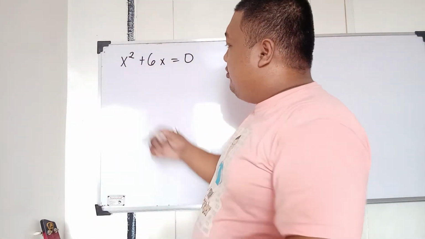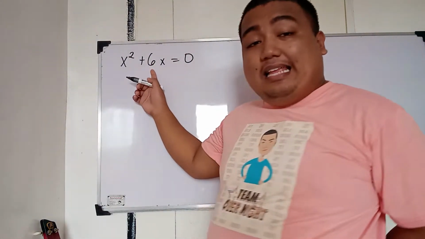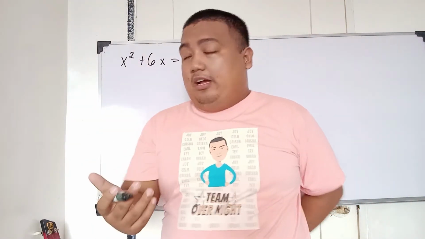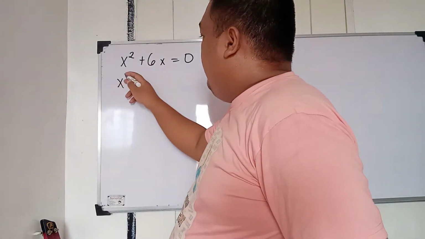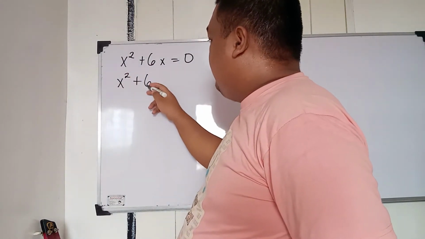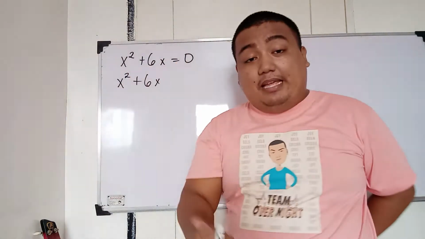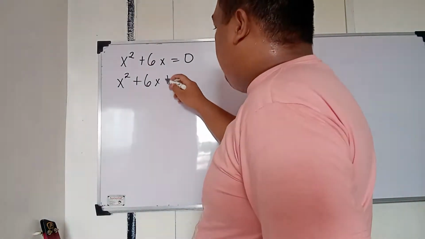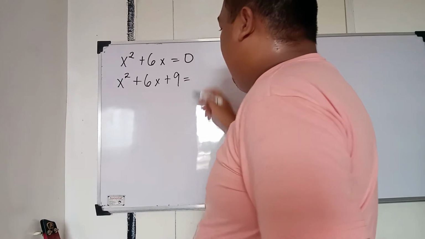Yung 6 na yan, ang gagawin natin is we will divide it by 2, then square it. Okay? So it means x squared plus 6x, then 6 divided by 2, that is 3, then 3 squared, that is 9. So it means mag-add tayo ng 9.